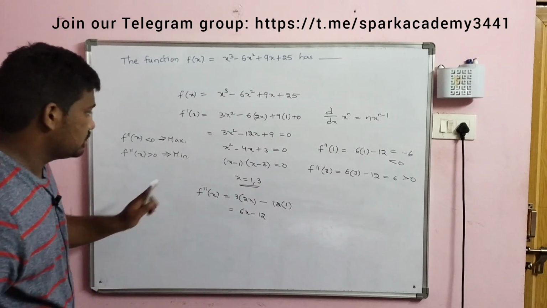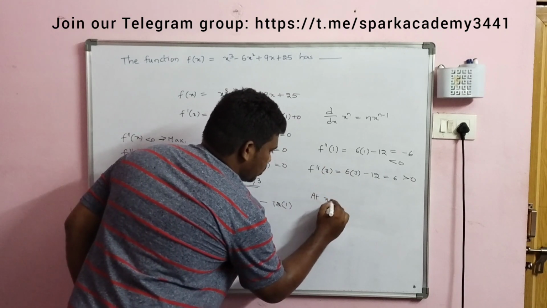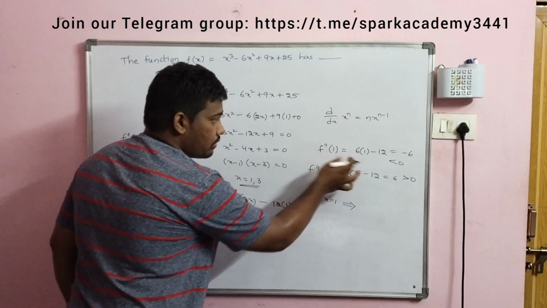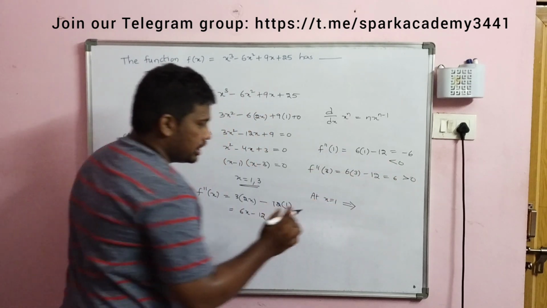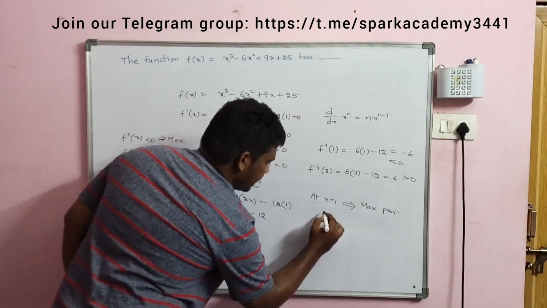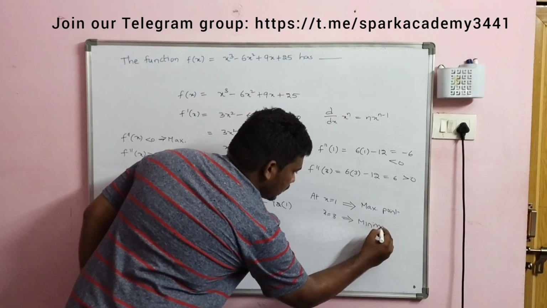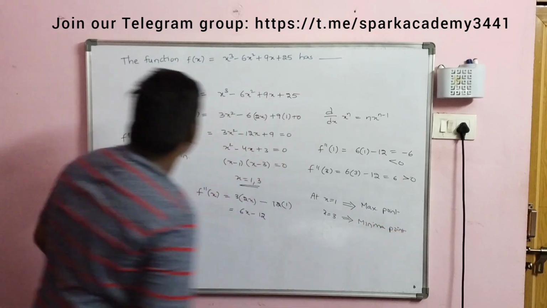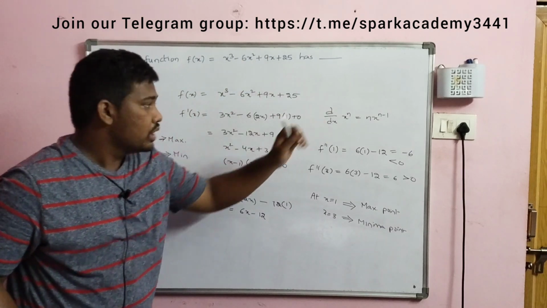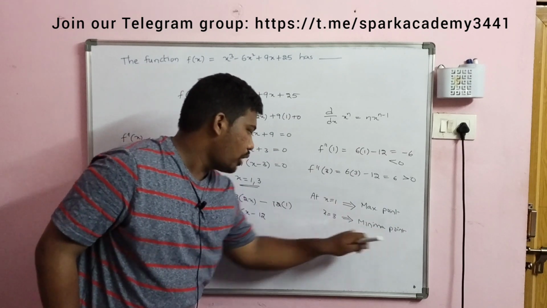So at x equal to 1, f double dash of 1 is less than 0, so it becomes a maxima point, right? And at x equal to 3, it became a minima point. So that particular function f of x equal to x cube minus 6x square plus 9x plus 25 has a maxima point at x equal to 1 and a minima point at x equal to 3.